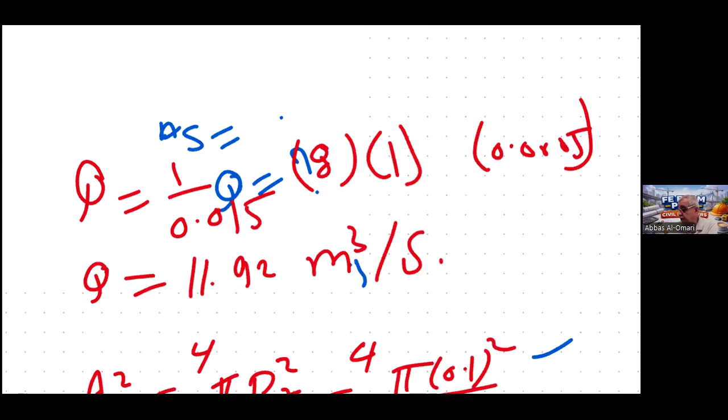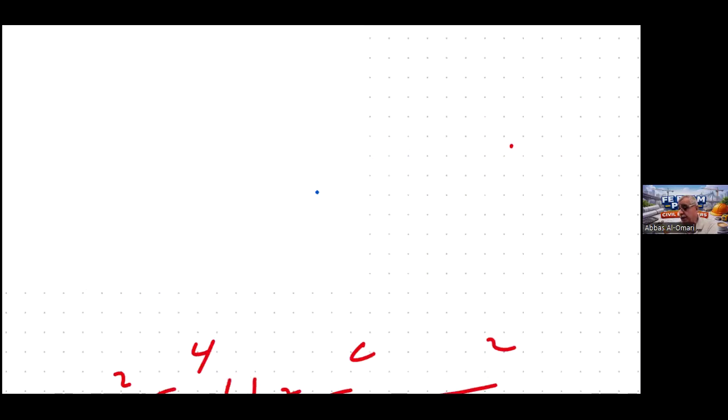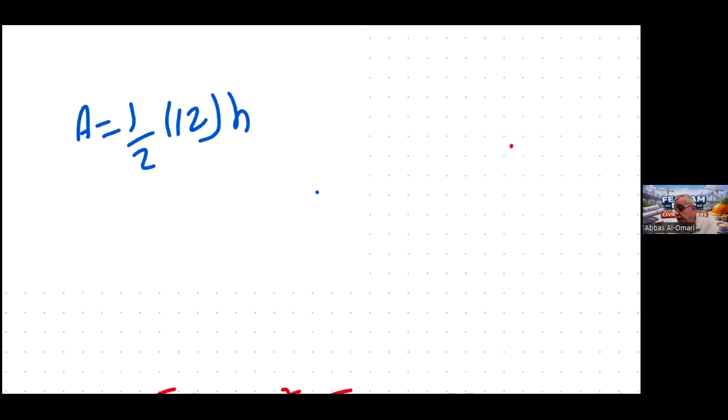So the area under the hydrograph A equals half by the base, which is 12 hours, by the peak flow, which is 10 cubic meters per second. That's all. Half the base by 10.